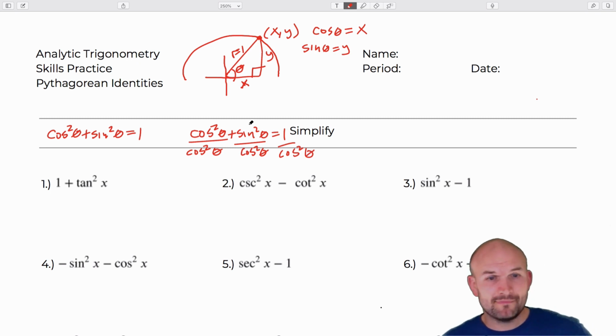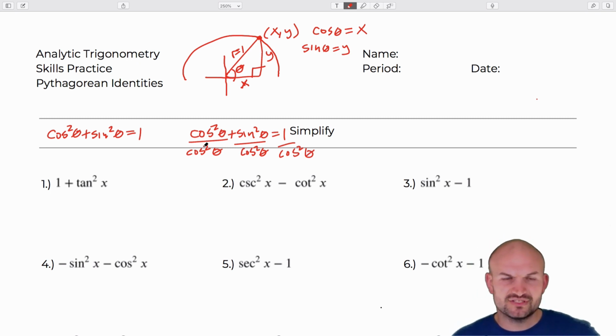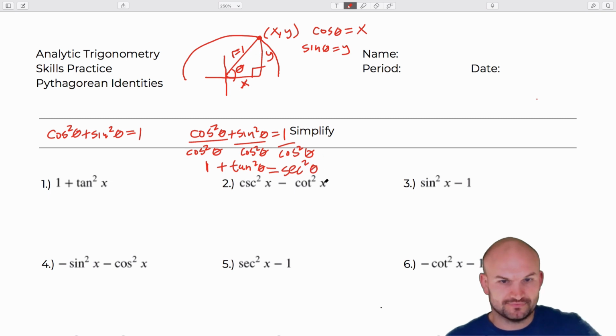Cosine squared over cosine squared is just 1. We know sine over cosine is tangent, so sine squared over cosine squared is tangent squared of theta. And 1 over cosine is secant, so 1 over cosine squared is secant squared of theta.